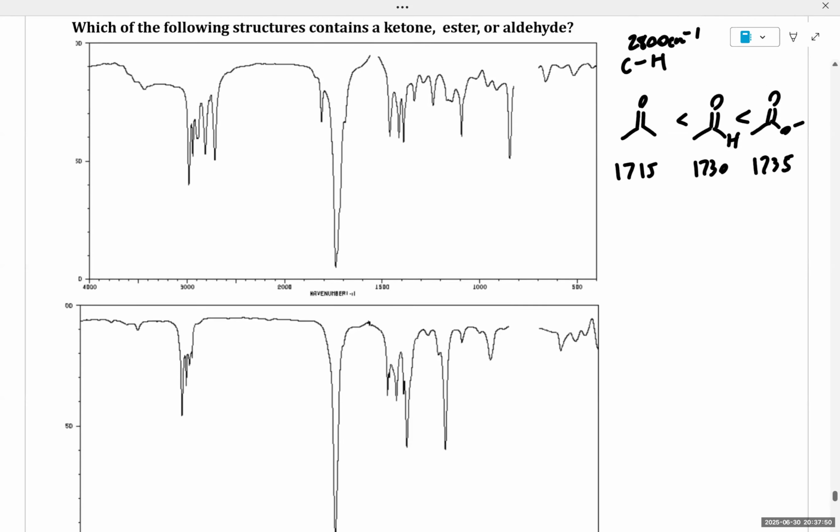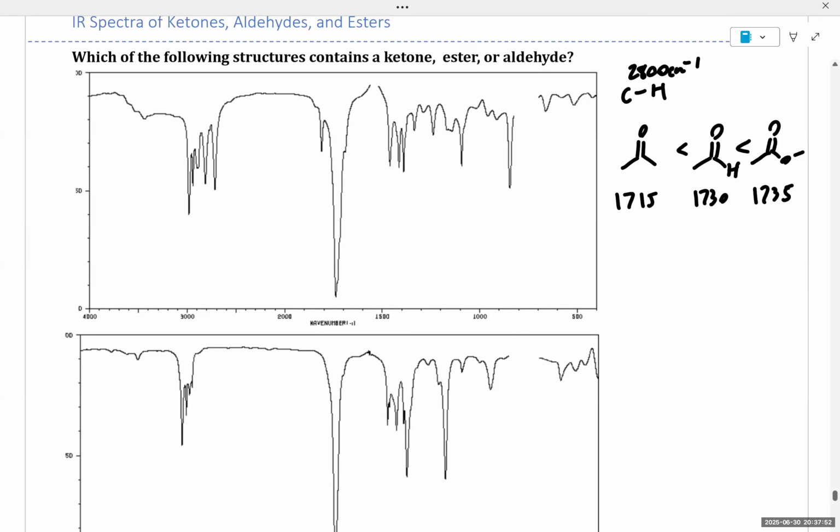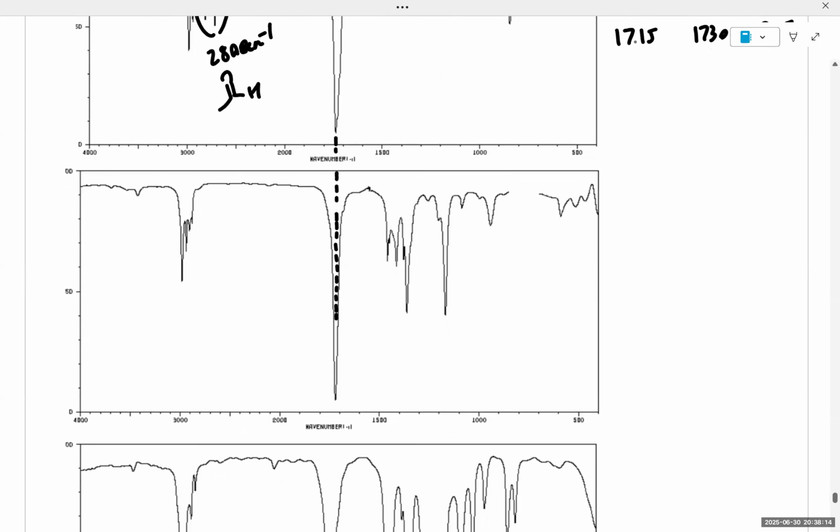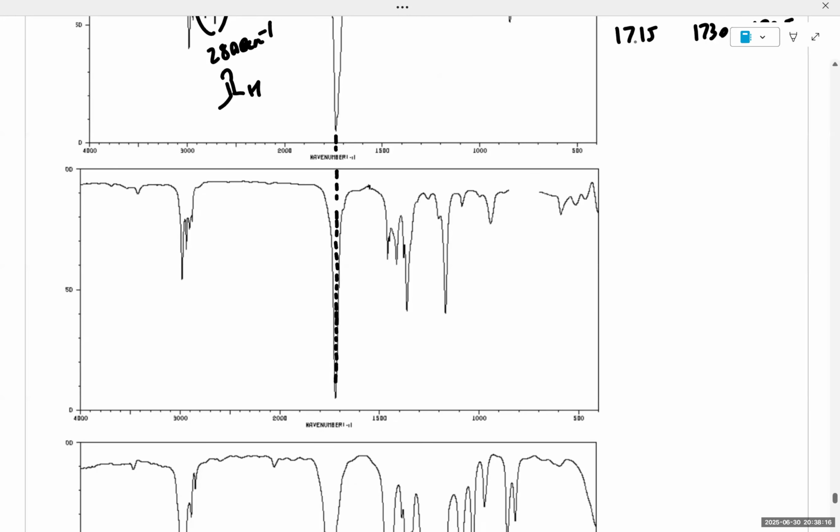Okay, so first and foremost, this stands out to me. These peaks around 2800 centimeters inverse are a signpost for an aldehyde. I'm also going to draw a vertical line from the center of each peak, just to help us compare.